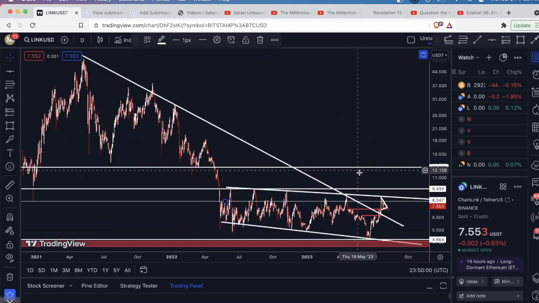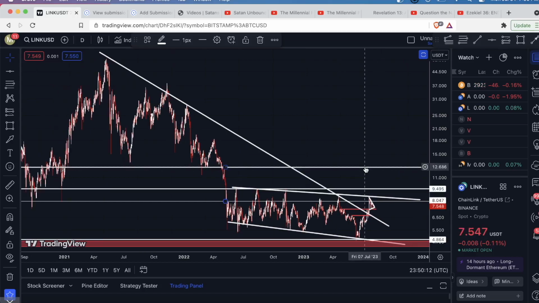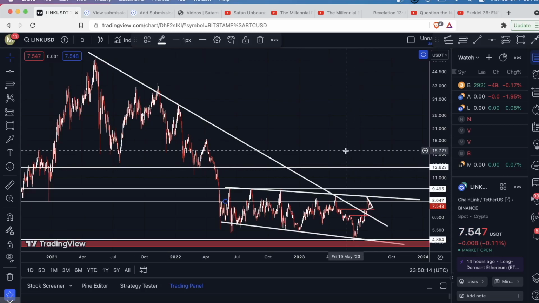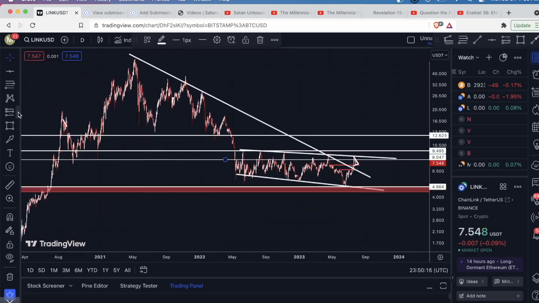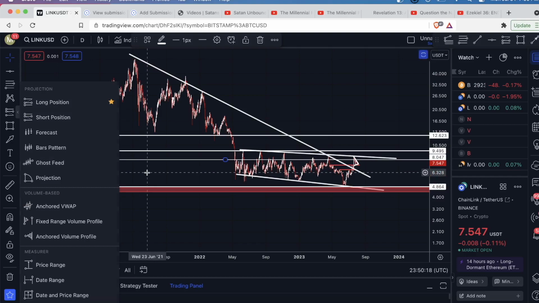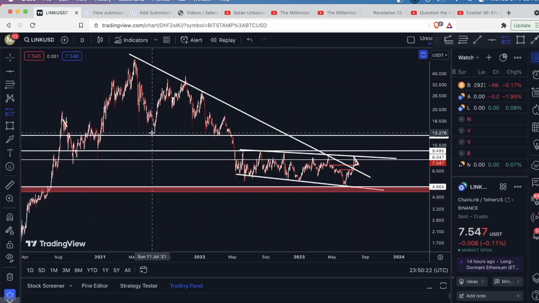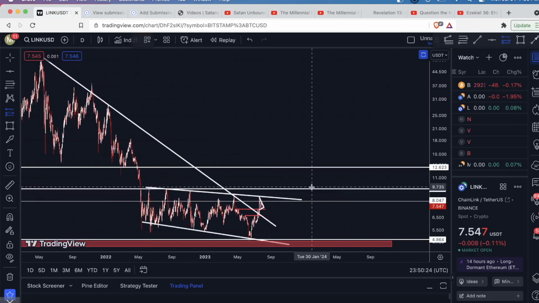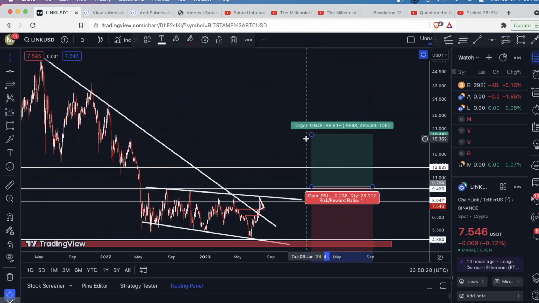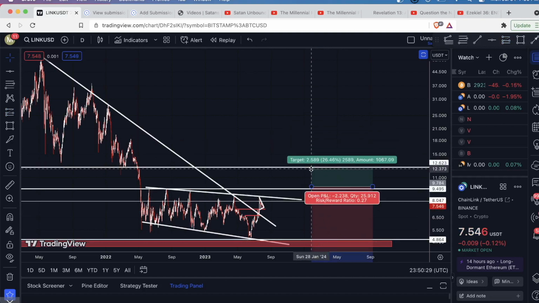And then from there, if we're able to close daily candles above this $9.50 region, then the next level I'm targeting is going to be up around $12.68, and that is going to make for a very good trade. Now, just to give you an example of the probable risk reward ratio that we can get on that setup, if I take a long position on a daily candle close above here, I could target this range.